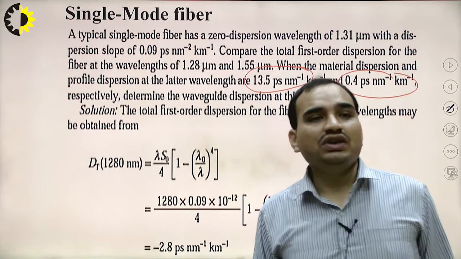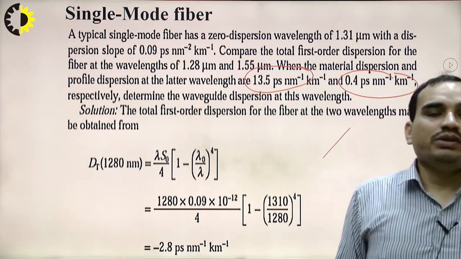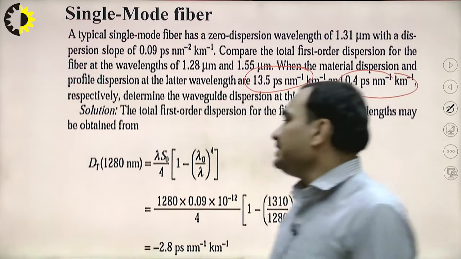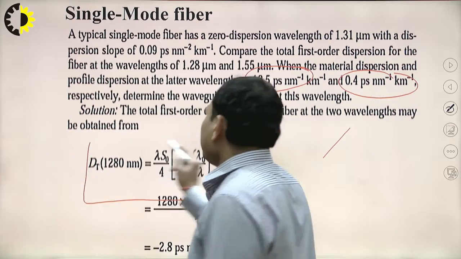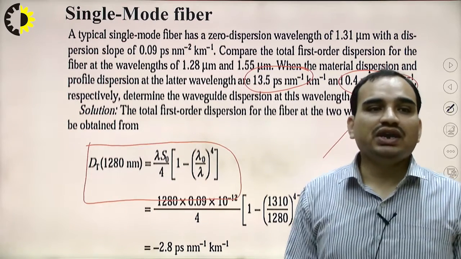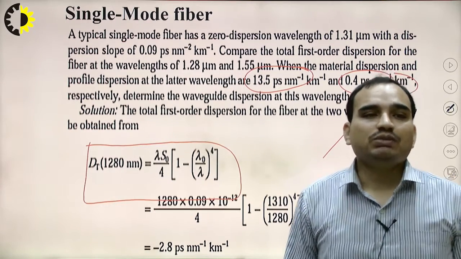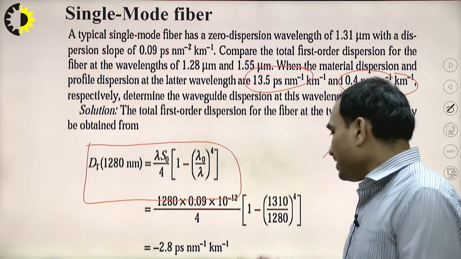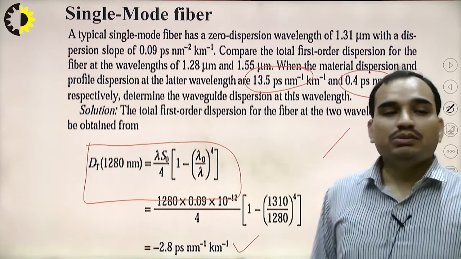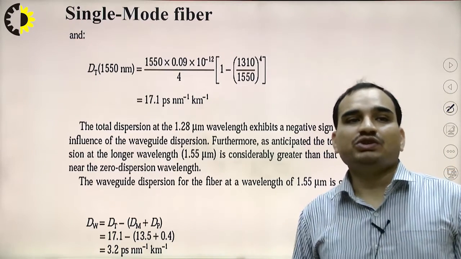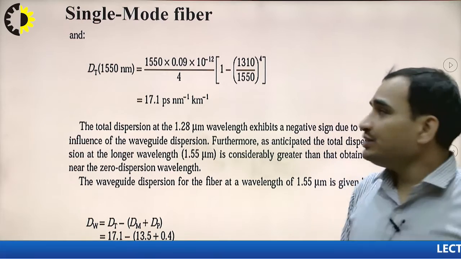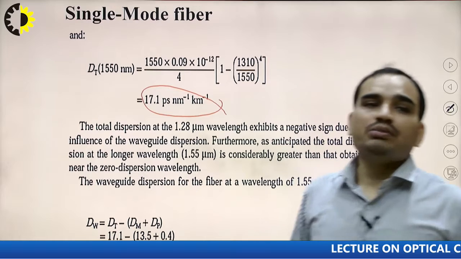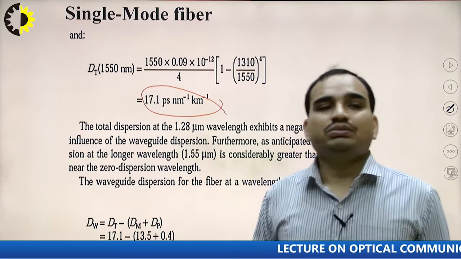The total first order dispersion for the fiber at the two wavelengths may be obtained as follows. Dt at 1280 nanometers can be calculated as lambda S naught by 4, times 1 minus lambda naught by lambda. Substituting values, we get minus 2.8 picoseconds per nanometer per kilometer. The total dispersion at 1.55 micrometer is 17.1 picoseconds per nanometer per kilometer.